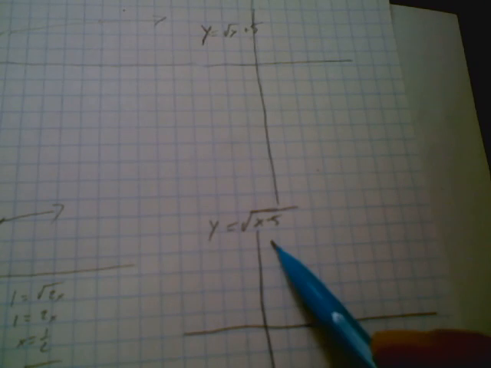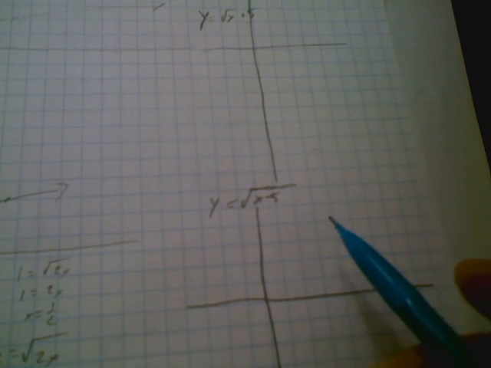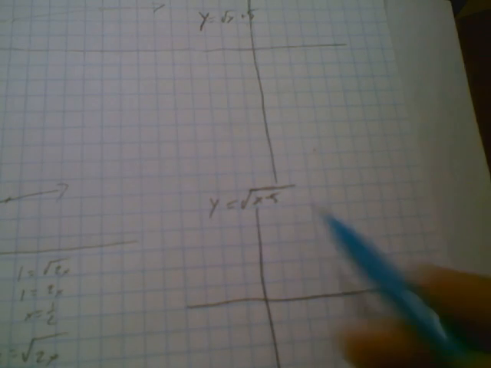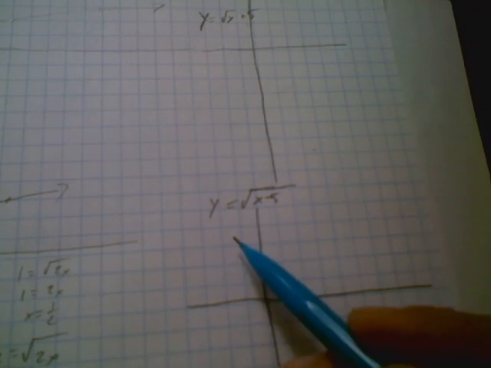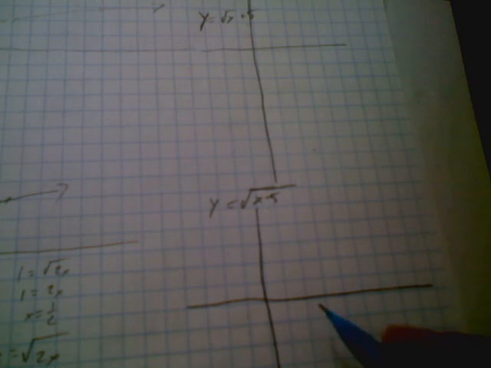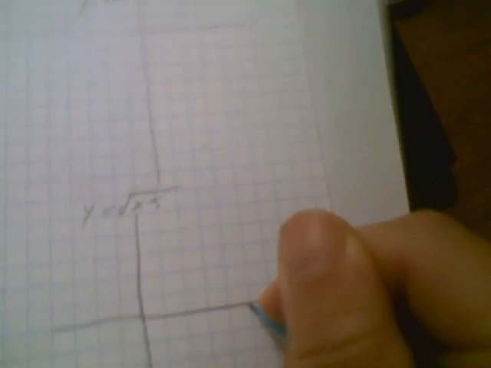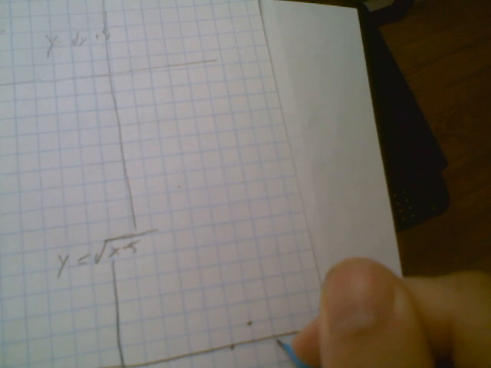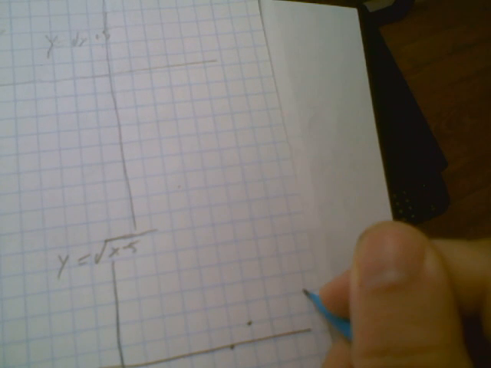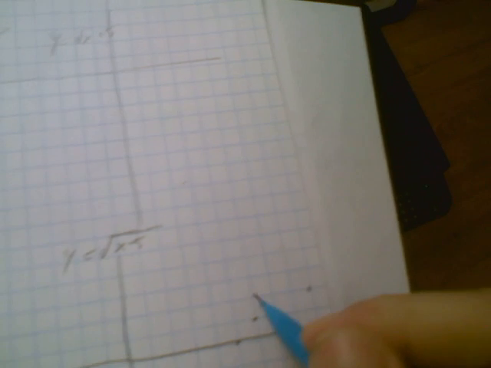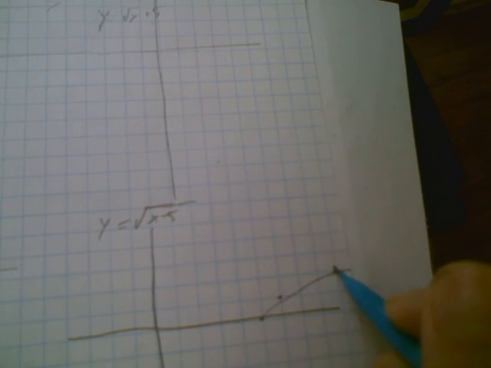But this side, it's inside, so it's going to do the opposite of what you would think. If it's inside the radical, it goes horizontally. We would think horizontally, negative to the left. No, because it's inside, it's going to go opposite, to the right. 1, 2, 3, 4, 5. And then it models this one right here, and it just looks like that.